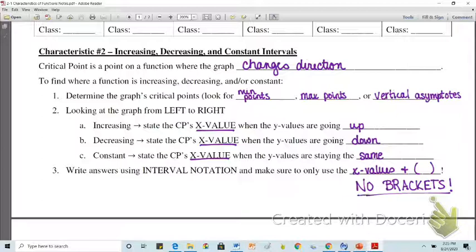Absolutely no brackets when we're talking about increasing, decreasing, and constant. So if you were to trace the graph, what you're looking for is, as I draw it left to right, is my pencil moving up? Is my pencil moving down? Or is it going straight? That'll tell you whether it's increasing, decreasing, or constant. So let's look at a couple examples.